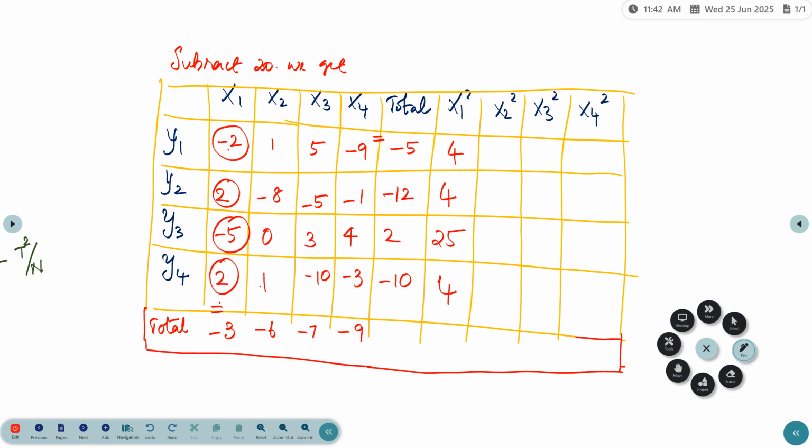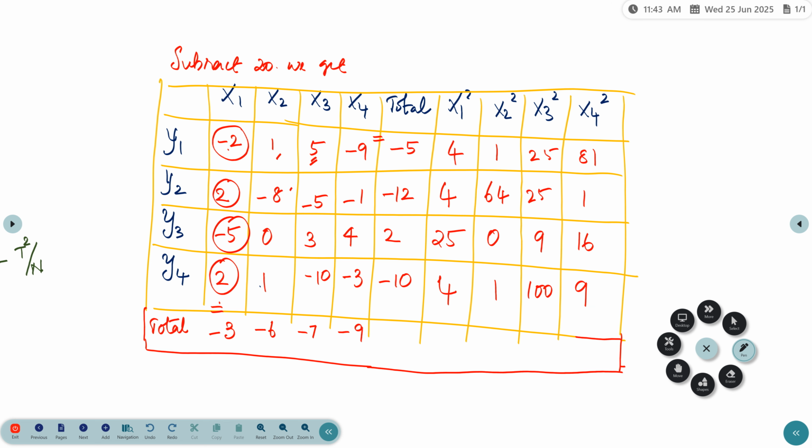For x2 square: 1 square is 1, minus 8 square is 64, 0, and 1 square is 1. Similarly, for x3: 25, 25, 9, 100. And for x4: 81, 1, 16, 9.